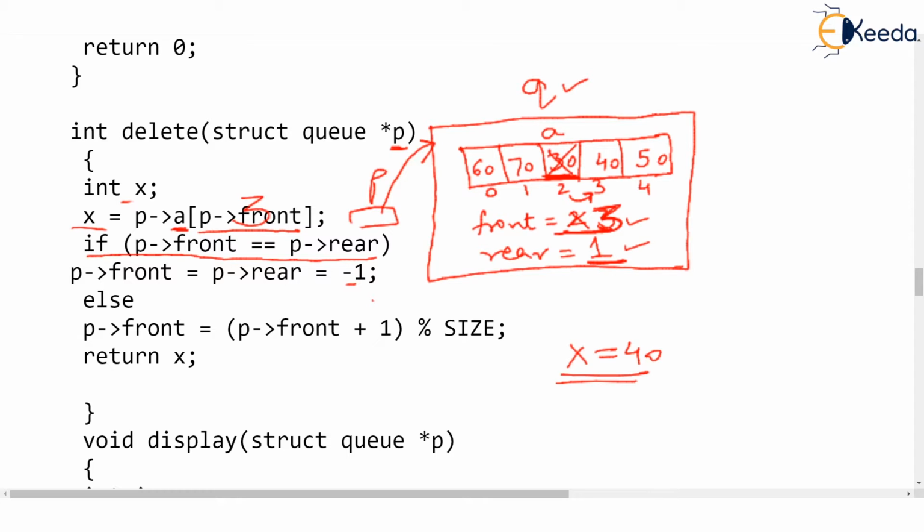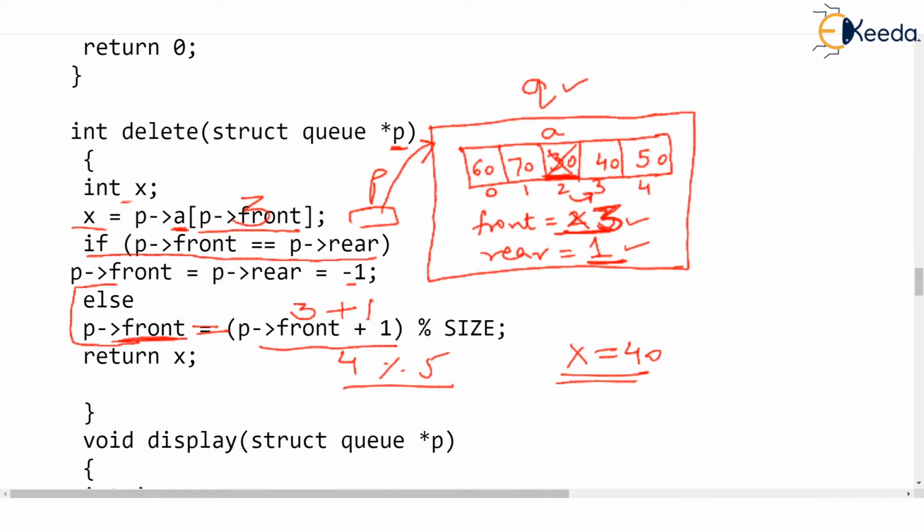No, it isn't. Front is 3 and rear is 1. So whatever we are deleting is not the only element. There are a lot more elements in the queue. So it's not time to make the queue empty by making front and rear equal to -1. Hence, as the if is false, we go to else again, and front becomes front plus 1. Substituting the value of front as 3, 3 plus 1 is 4. 4 % 5, the remainder is 4. So the new value of front is 4.